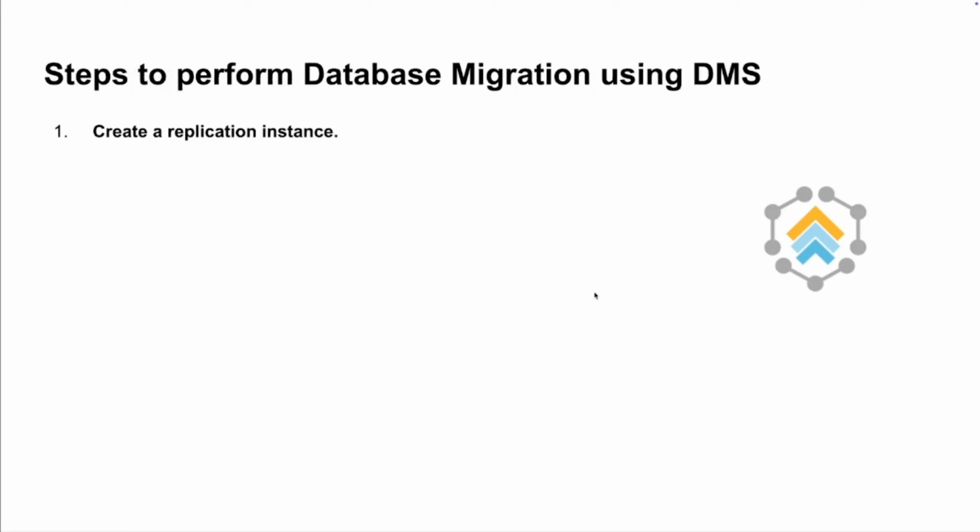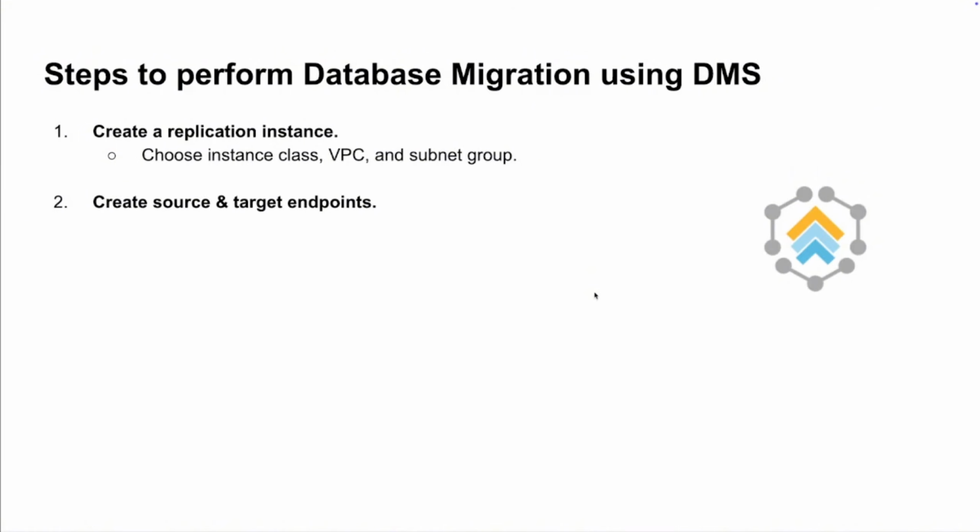So the steps to do this is to create a replication instance, choose the instance class, the VPC, the subnet group. So you're setting up pretty much the server that would run this migration. It's easy to understand that the size and capacity of what you want to migrate will determine the kind of replication instance and how fast it would migrate this data.